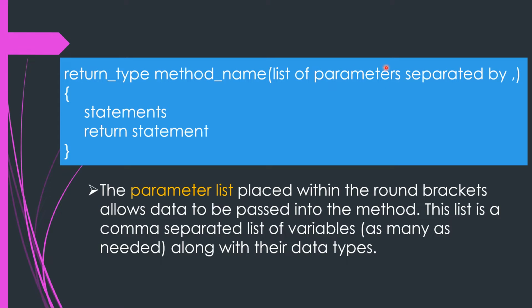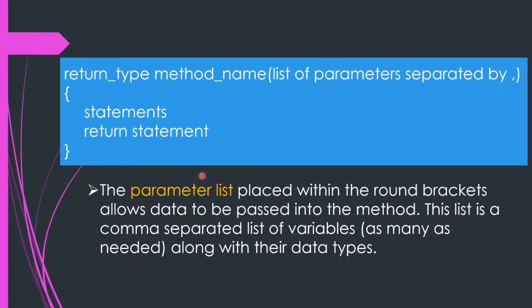These parameters are separated by commas. The parameter list allows data to be passed into the method. Whichever data we provide in these round brackets in the list of parameters is going to be passed into the method. This list is a comma separated list of variables, as many as needed, along with their data types.